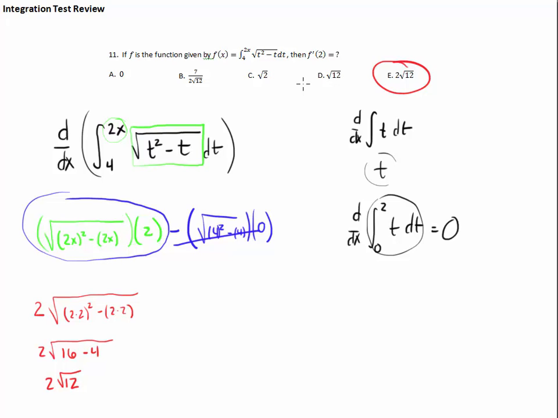If it has a variable as a bound, all you do is plug the bound into your integrand, like we did right here, and then multiply it by the derivative of your bound. We have to do that for both of them. Keep in mind, it's the same thing we do when we evaluate definite integrals: you plug the top bound in minus plugging in the bottom bound. So if these had been reversed, I would have made sure that I had a negative there, which I believe is an issue with one of the extra problems at the end.